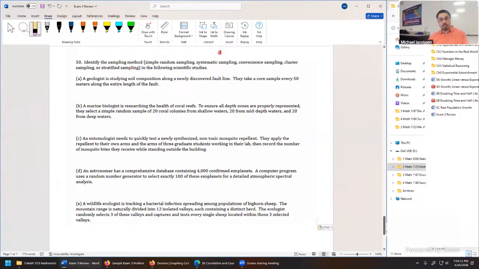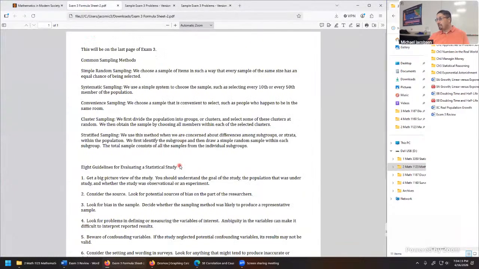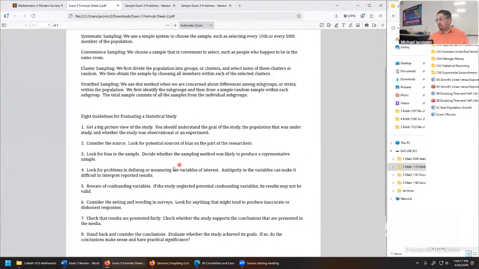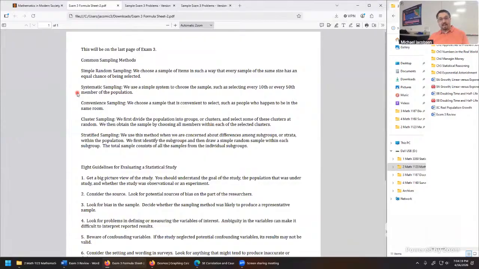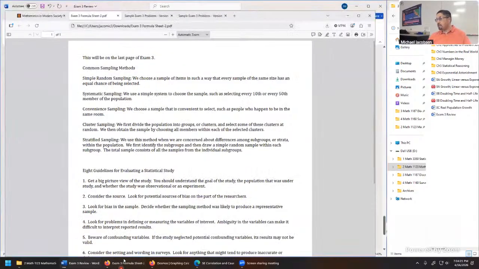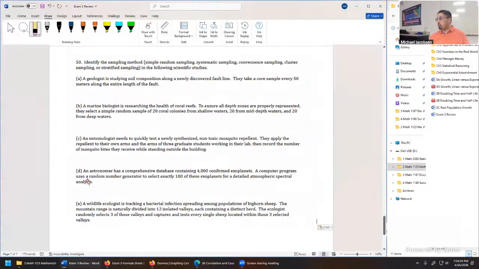For the sampling methods, you could cite the definitions that are here, at the very top up here. So let's give these a try. We're looking for which one of these 5 scenarios match up with a simple random sample, systematic sampling, convenient sampling, cluster sampling, or stratified sampling.